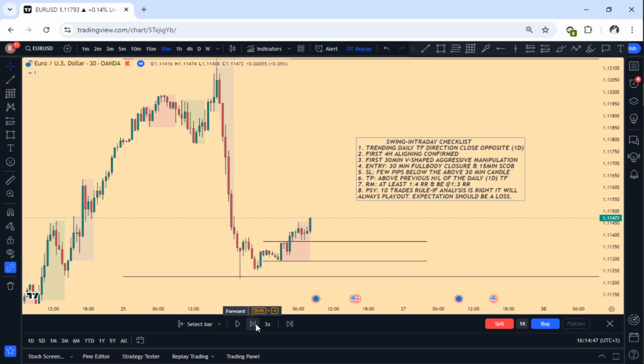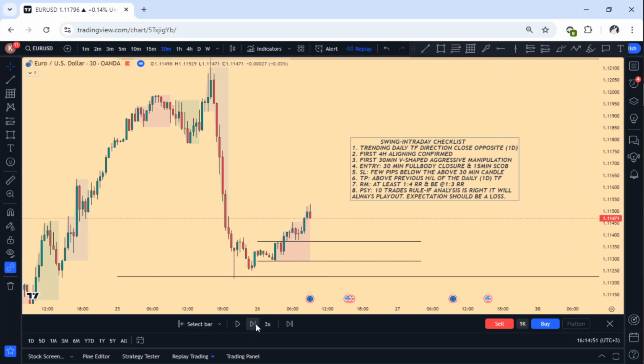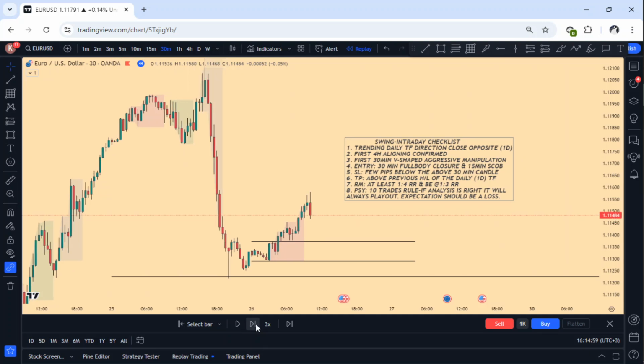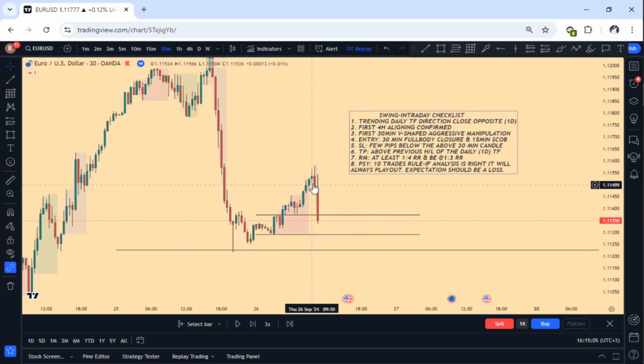That is the pullback. So we are still waiting for the pullback. Now we can start seeing the pullback happening. Now that is the manipulation point. This is the manipulation, the V-shaped. As you can see, the V-shaped pullback.